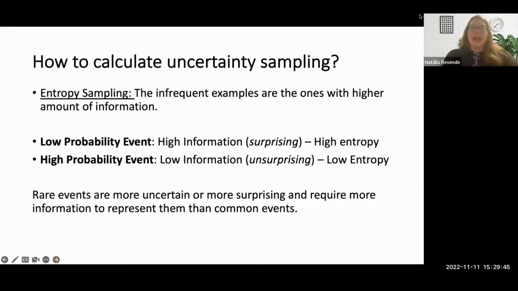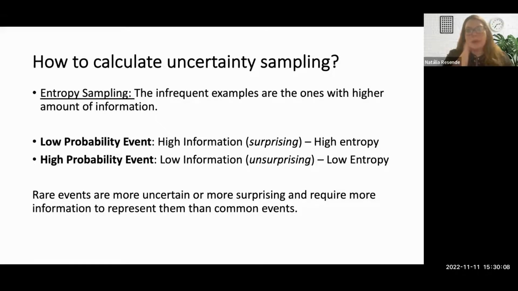Okay. Entropy sampling. Entropy sampling is a little bit more complicated because we have to understand the entropy concept. Entropy means that the infrequent examples are the ones with higher amounts of information.